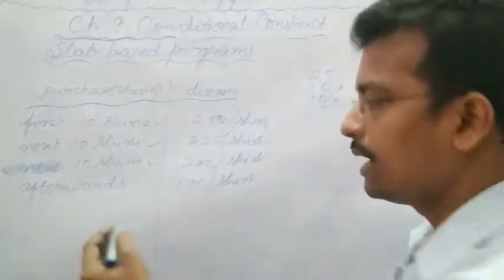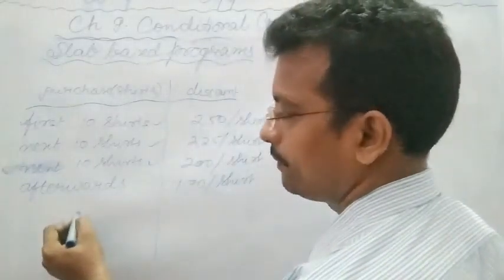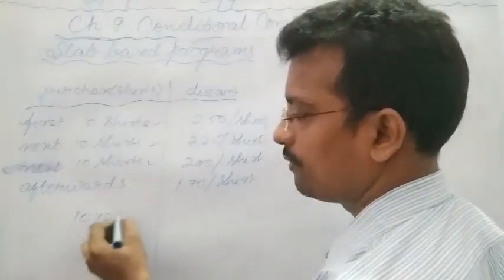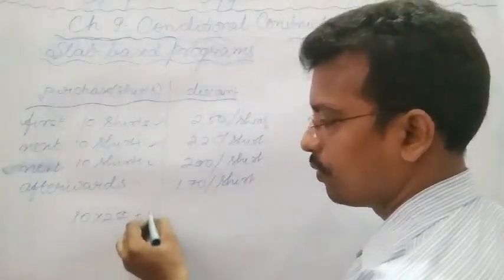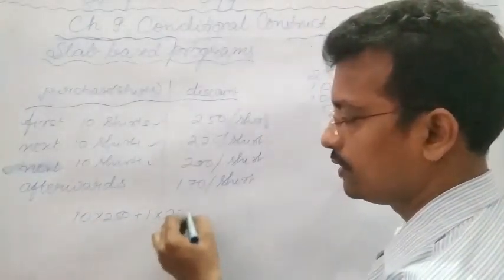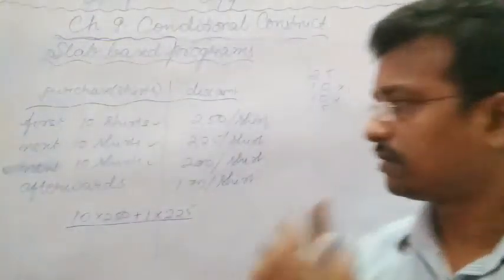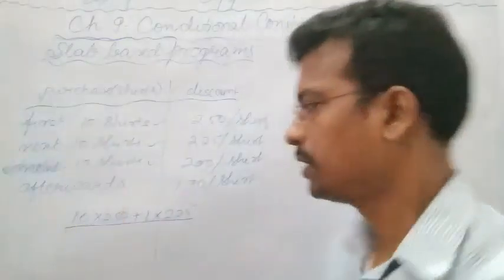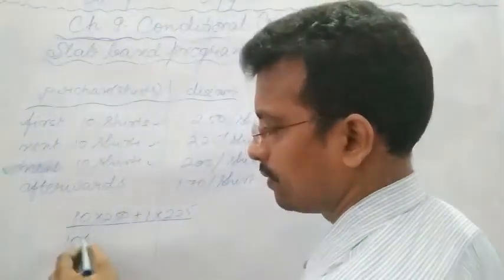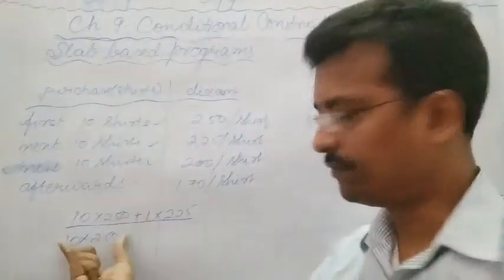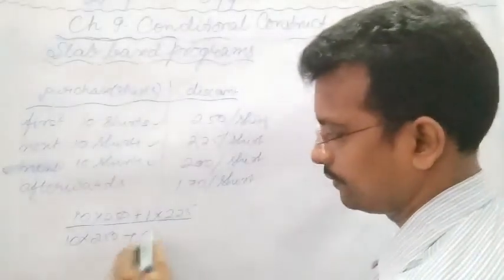So it will be starting 10 into 250 plus 1 into 225. This way it will be broken. Suppose someone has purchased 15 shirts. So starting 10 with 250 rupees and next 5 with 225 rupees.